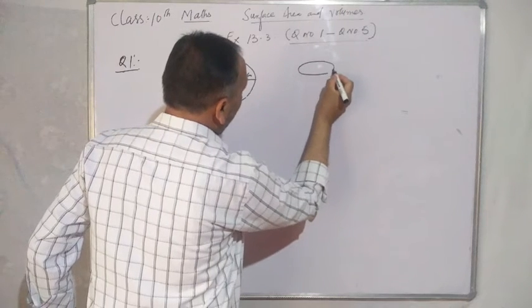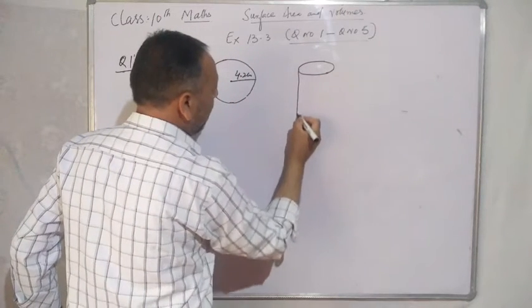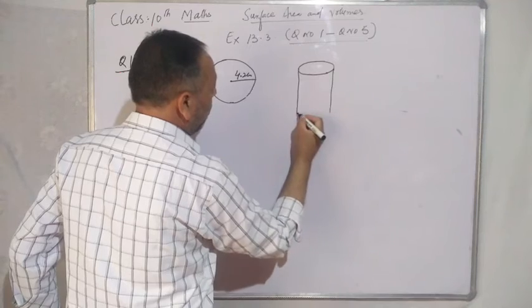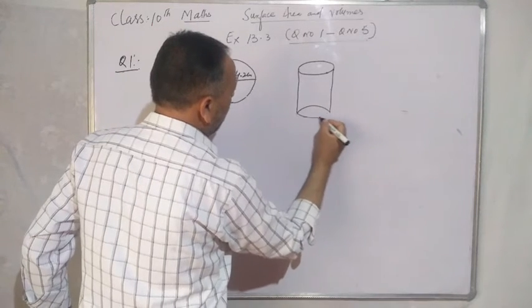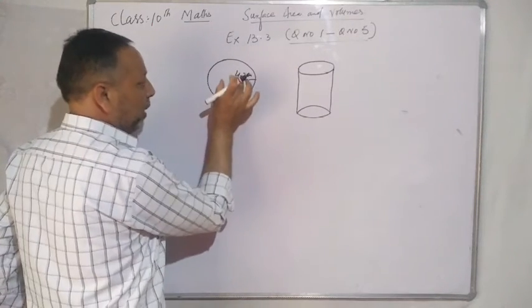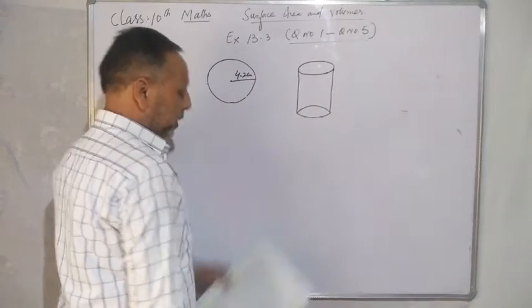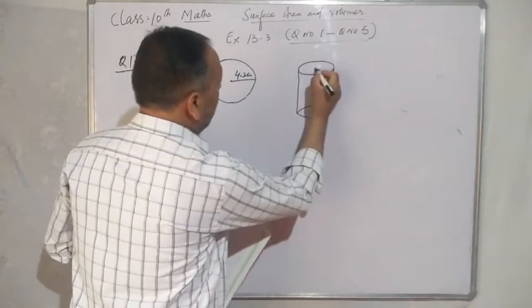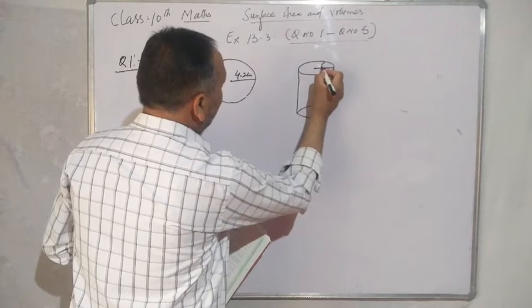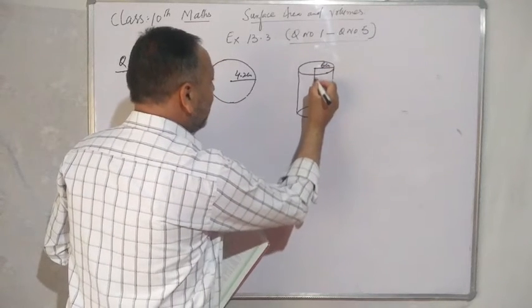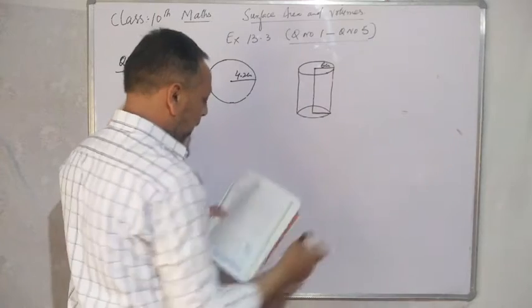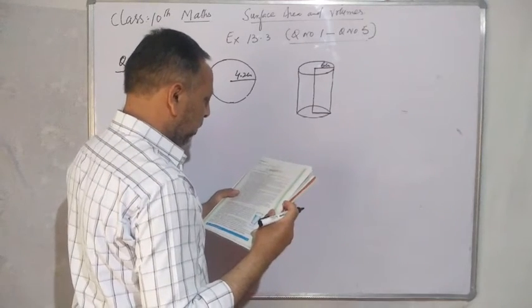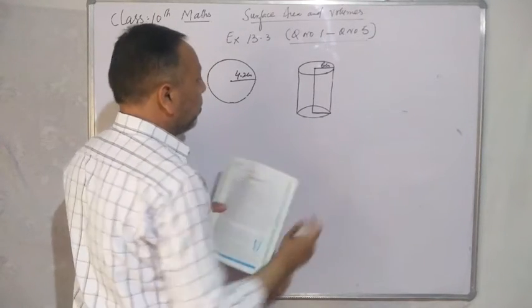It is melted and made into a cylinder of radius 6 centimeter, and its height we have to find out.